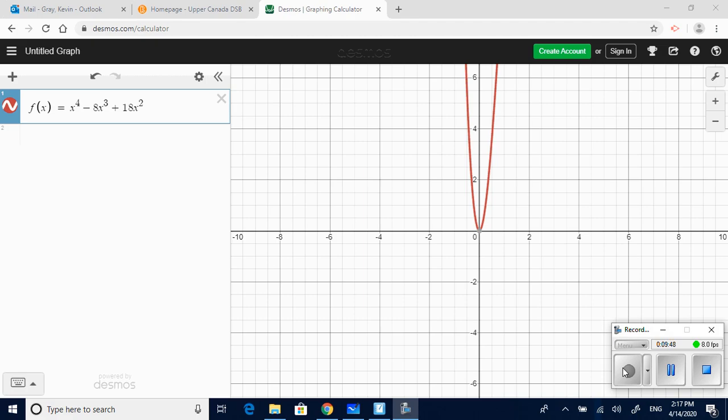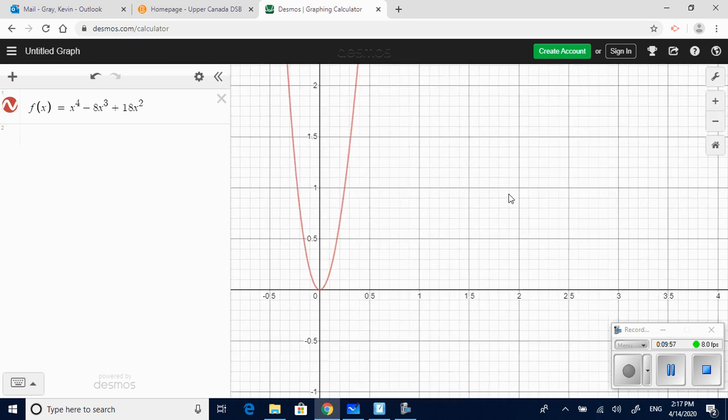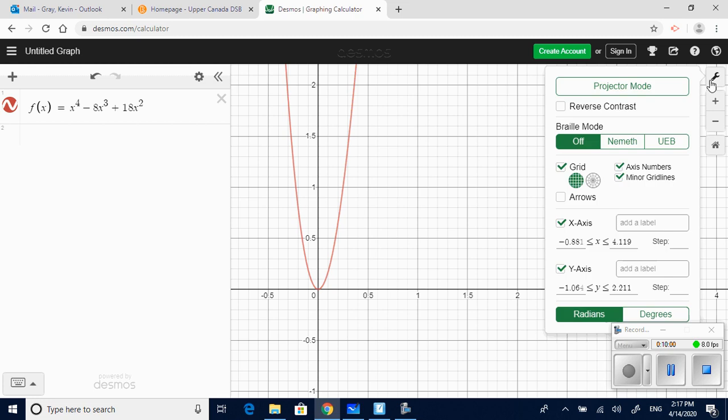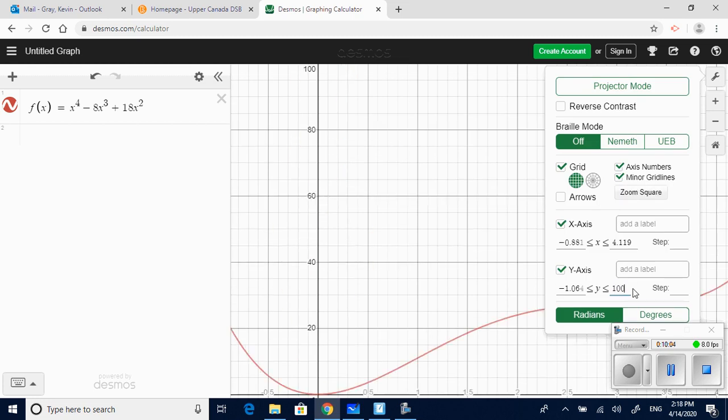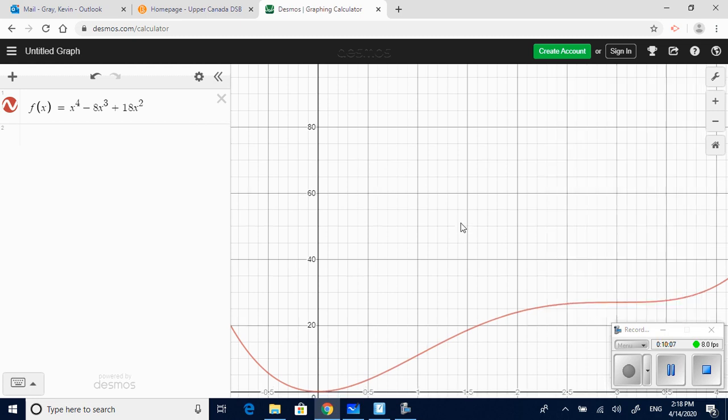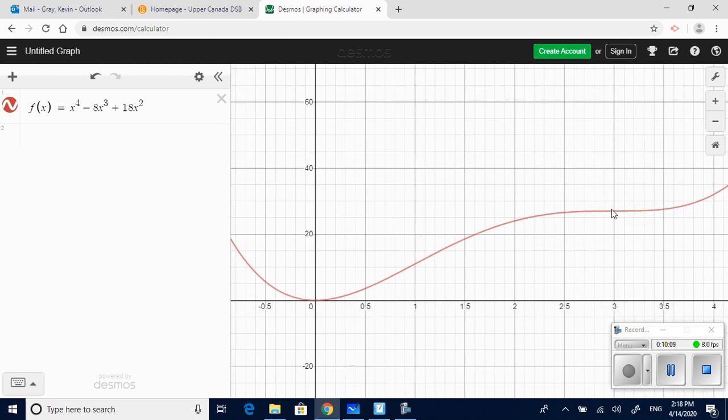Okay, so here's the function in Desmos. Unfortunately, I can't see my first minimum, but if I zoom in, 3 is way out here, and I can't see that, so I have to adjust the settings. You may know how to do this. I'm going to adjust my y-axis to about 100. Let's see if I have this. Yeah, there's my point at 3, and there's my other one as well. So there's my global minimum, and a turning point.